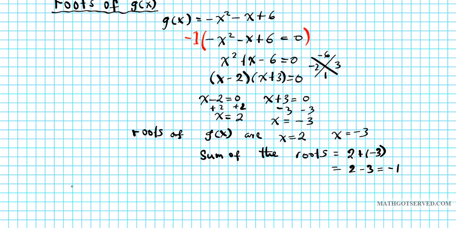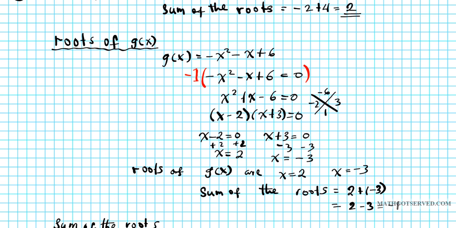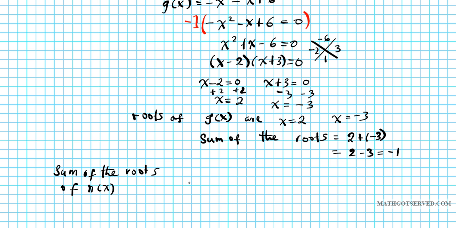It tells us that the sum of the roots of n is 2, which is greater than the sum of the roots of g.